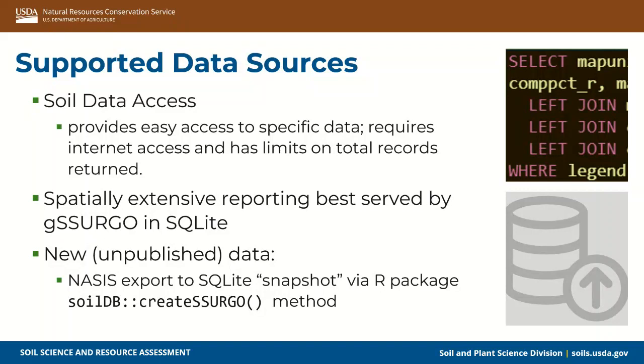And then furthermore, internally, a lot of times we want to be able to check what our products are going to look like before we actually publish them. And so SoilDB also provides some methods for creating essentially preliminary SSURGO SQLite databases based on an NASIS export. So you could export any of the information that may not yet be published, and you can verify that it's behaving the way that you want the public to see it.